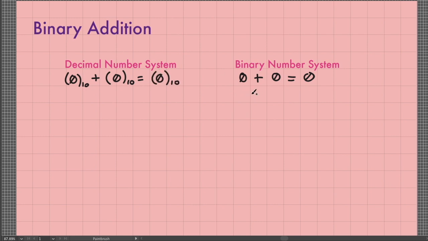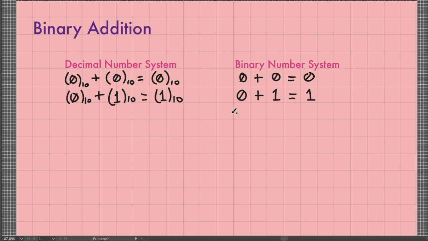How about bit 0 plus bit 1? Based on OR operation, 0 plus 1 has a sum of 1 with a carry of 0. In decimal number system, decimal 0 plus decimal 1 equals decimal 1.